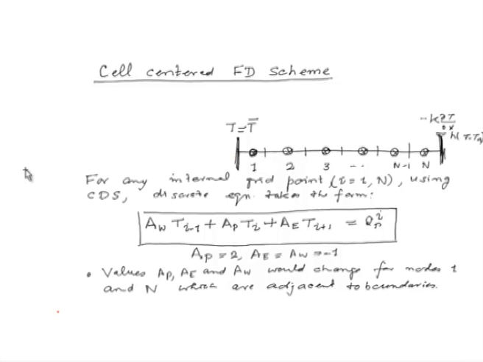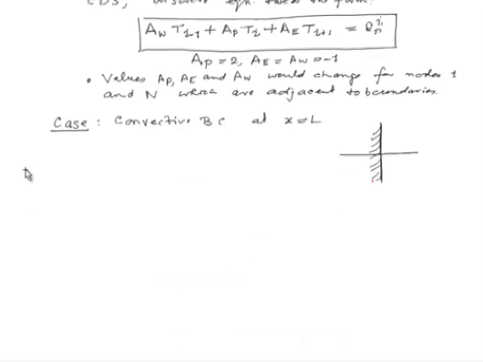So now we will take case 2, that is the incorporation of the convective BC at x = L. Once again we would introduce our ghost node. This is our actual boundary, with the internal parts shaded.